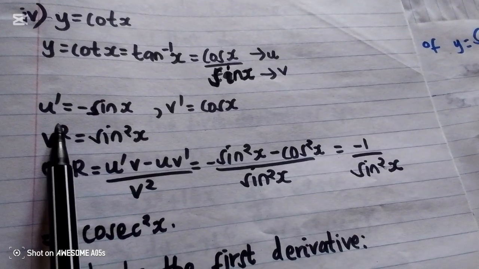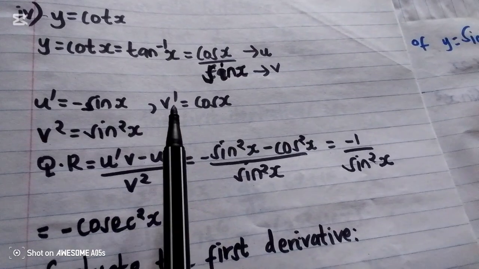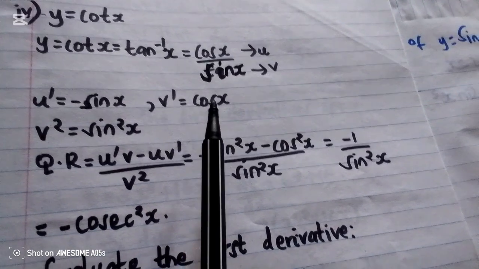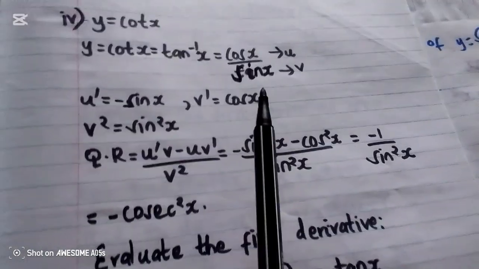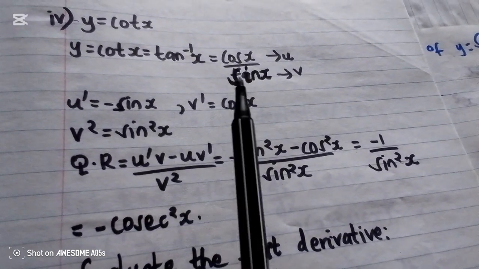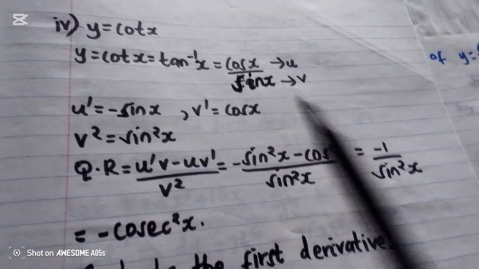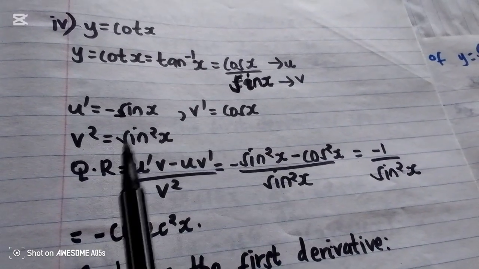Differentiating u with respect to x, you get negative sin x, and v with respect to x, you'll get cos x. v squared is equal to sin squared x, because our v was sin x. If you square sin x, you will have sin squared x.